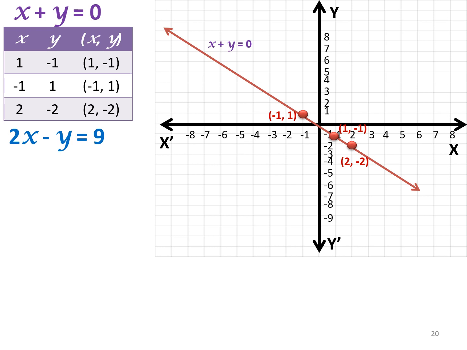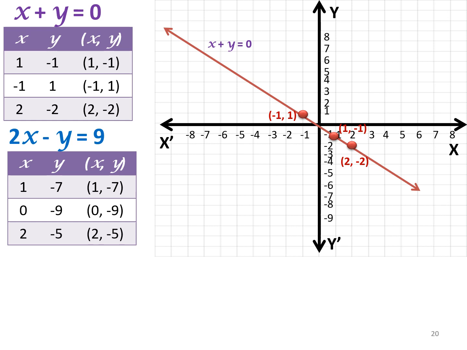2x minus y is equal to 9. So the values obtained were, first value 1 comma minus 7, x value is 1, y value is minus 7. So the coordinate point is obtained for 1 comma minus 7.